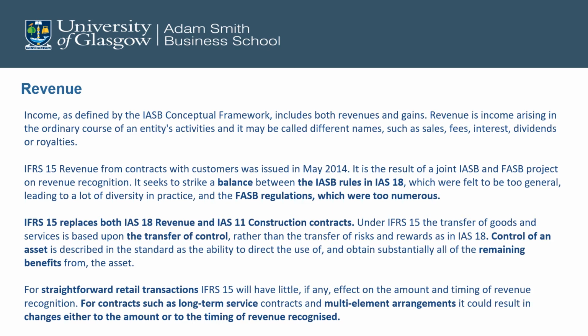For straightforward retail transactions, IFRS 15 will have little effect on the amount or timing of revenue recognition. For contracts such as long-term service contracts like construction contracts, or multi-element arrangements, it could result in changes either to the amount or to the timing of revenue recognized.